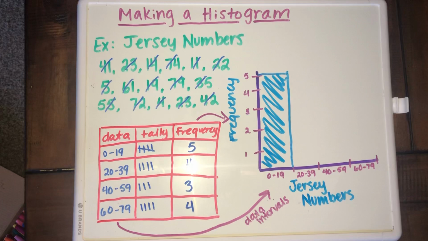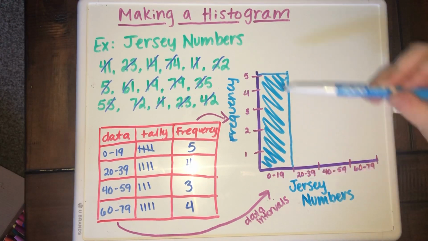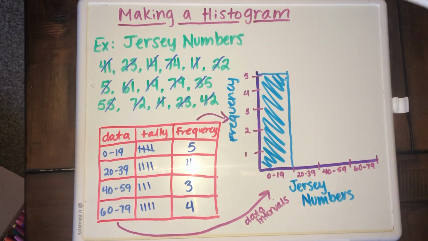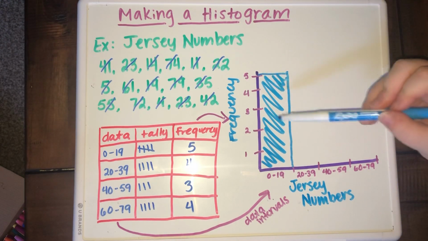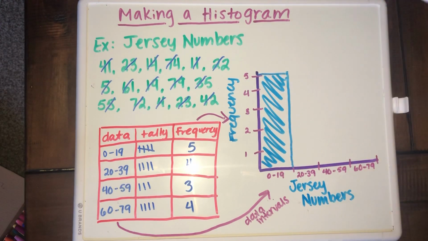All right, so what this is telling me is that from 0 to 19, there are 5 jersey numbers. That's how frequent that is. From 0 to 19, 5 of those jerseys are between 0 and 19, okay?